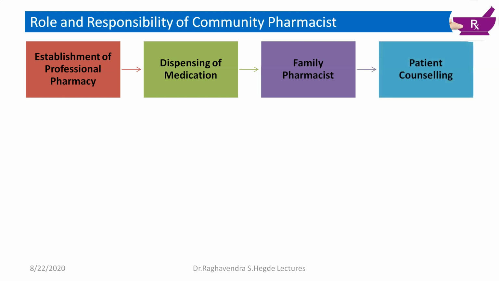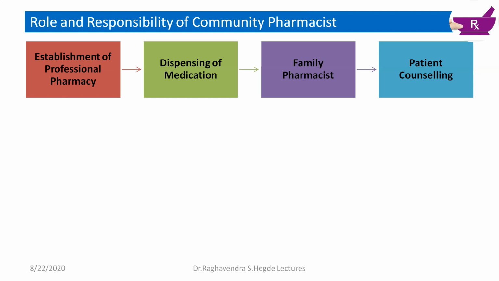The pharmacist is involved in patient counseling, whether it may be related to the disease, related to the drugs, or related to any other important aspect of educating the patient regarding lifestyle factors.